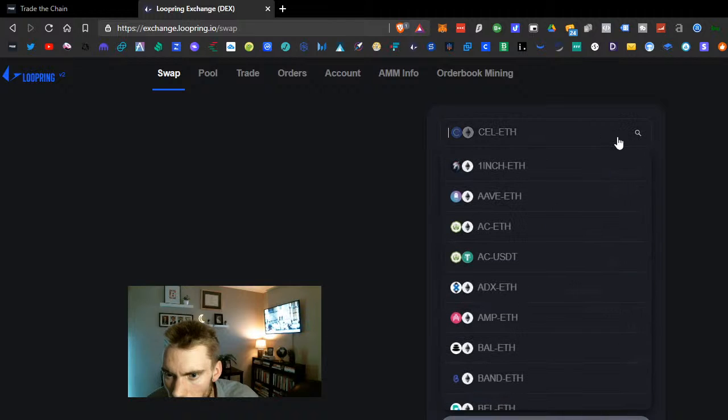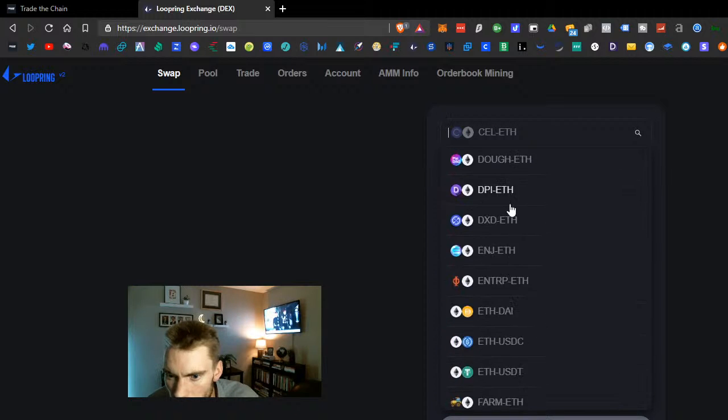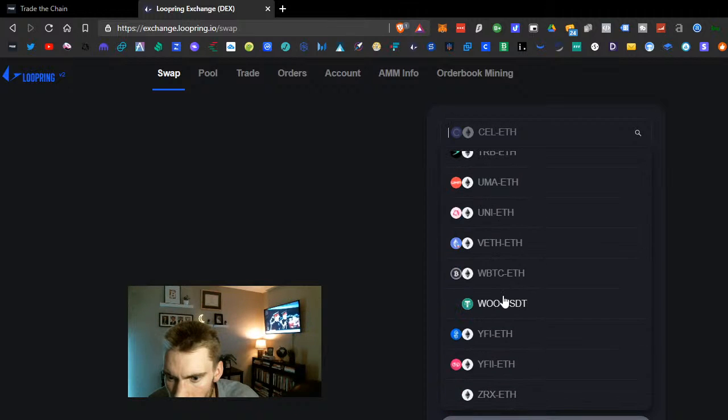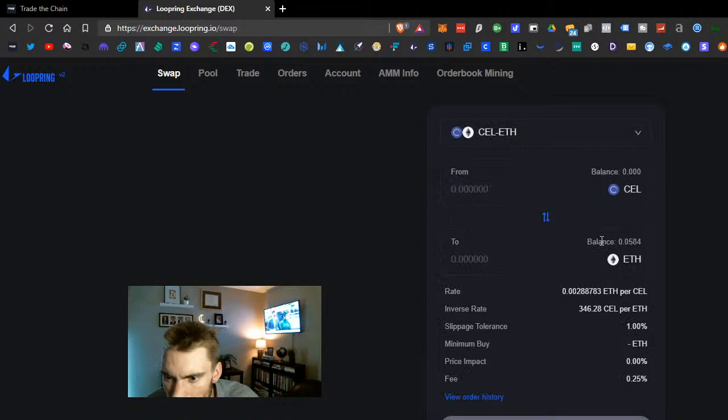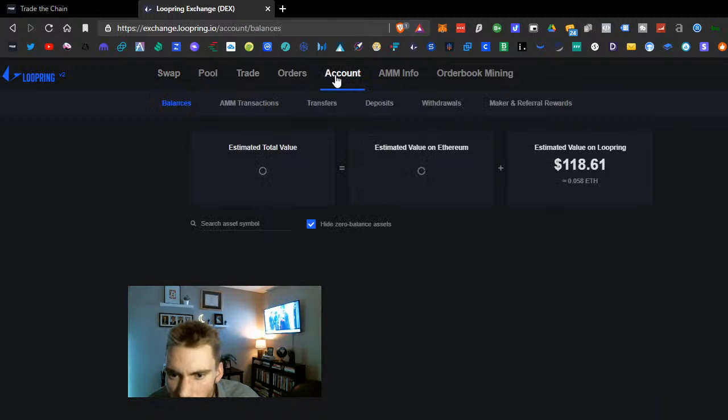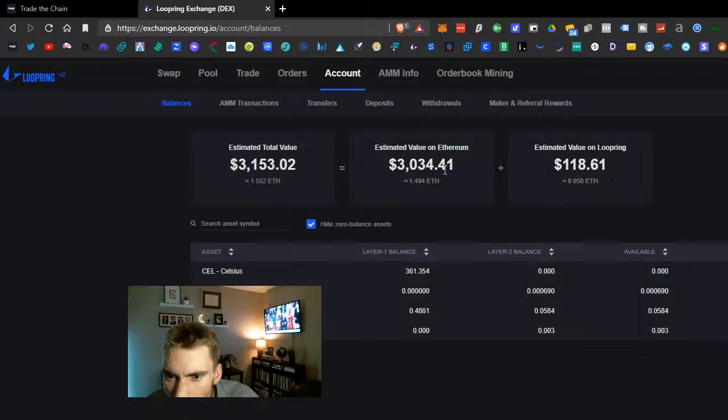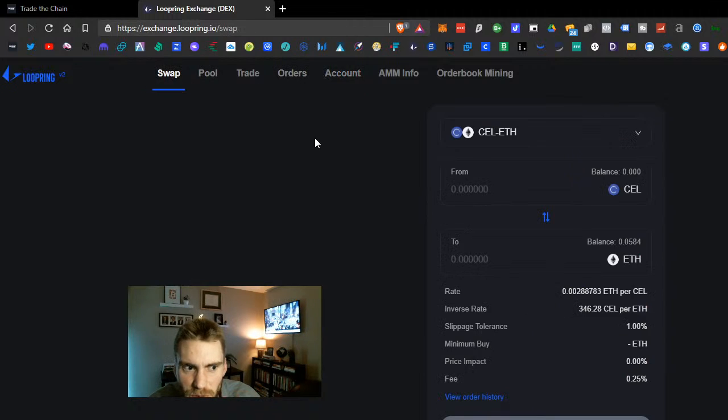But the point is that look at all these pairs, right? It's growing every day. There's more liquidity. I've got a tiny bit of Ethereum in this layer 2 account. Okay, so let's just see if we can do one example.